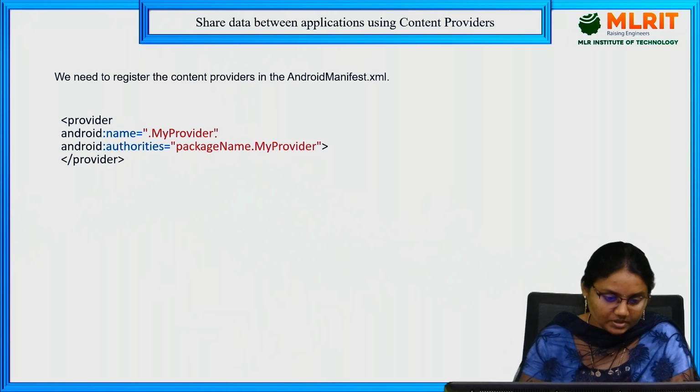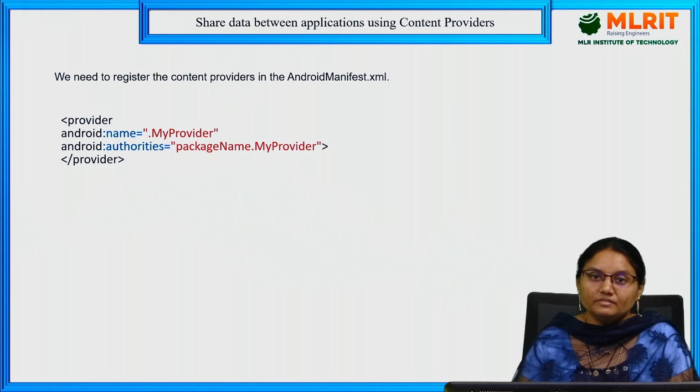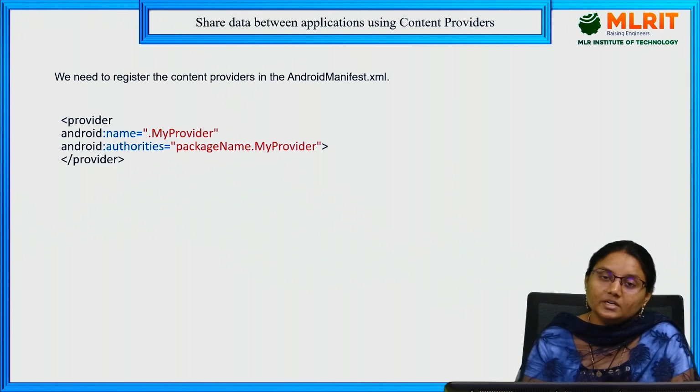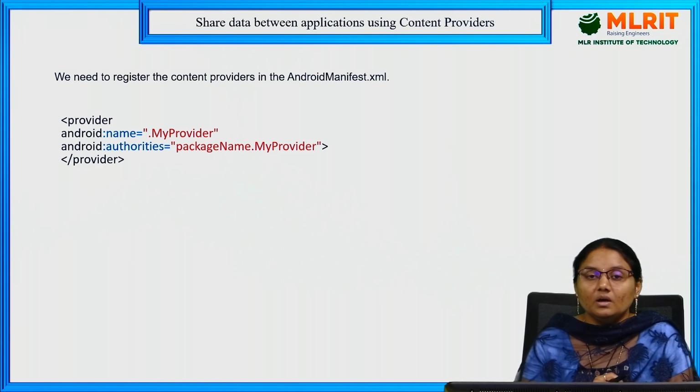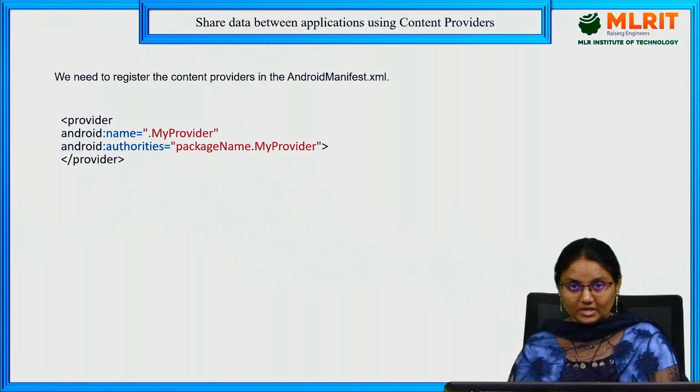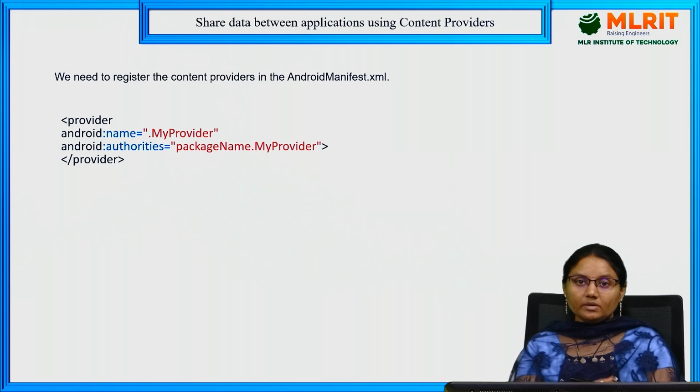So this needs to be added in your manifest file to get the permissions of the content provider, so that whatever APIs or modifiers you are using, like insert, update, delete, and get queries, whatever queries you are trying to execute, can be loaded and executed. So this is about the content provider class. Hope you all understood. Thank you all.